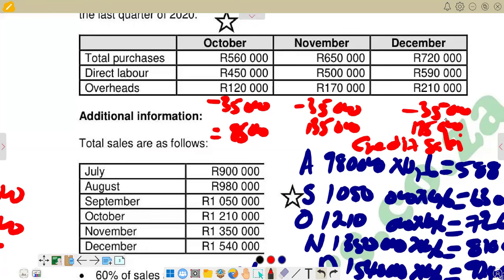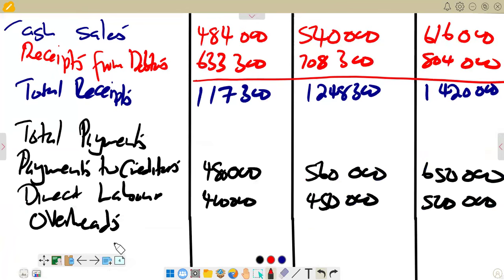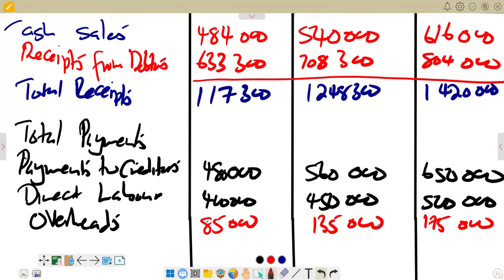So these are the amounts that we are going to put there, representing our overheads. So we go there. For overheads, the first one is 85,000, the second one is 135,000, and the third one is 175,000. So this is exactly what we have.